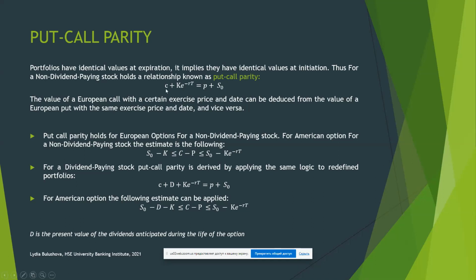So this is a call option plus cash paying the risk-free rate, or a risk-free rate bond. And this is portfolio B, a put option and a stock. So I have two present values that are equal.